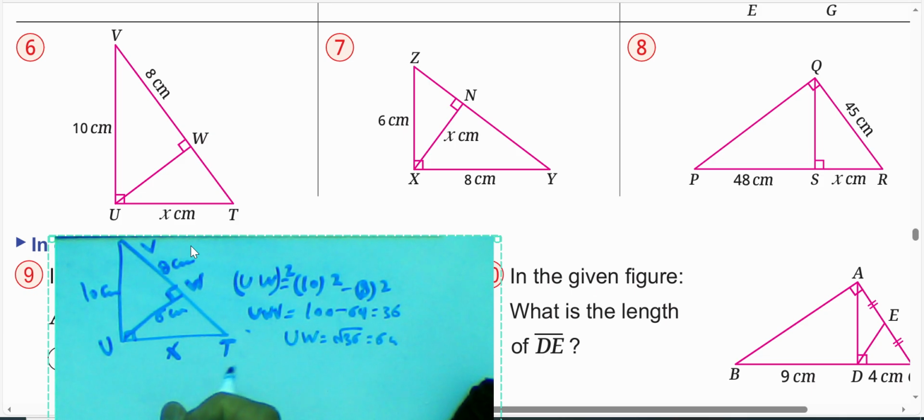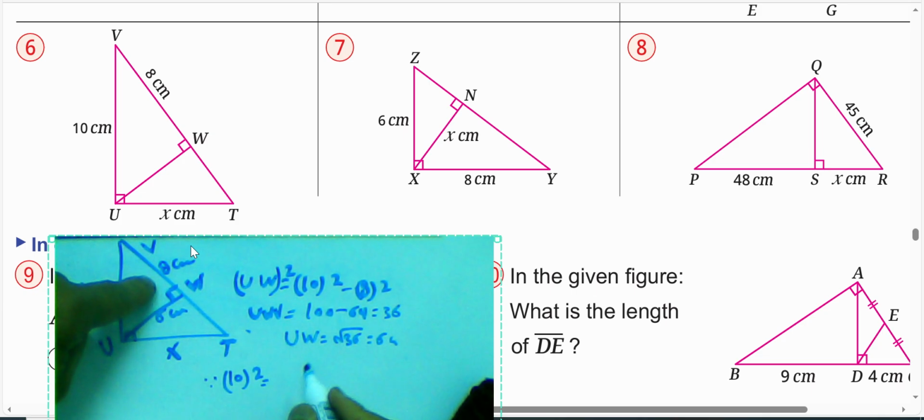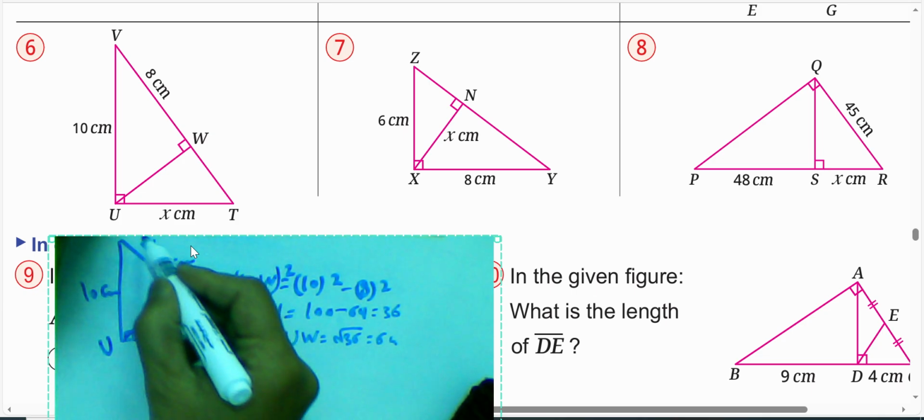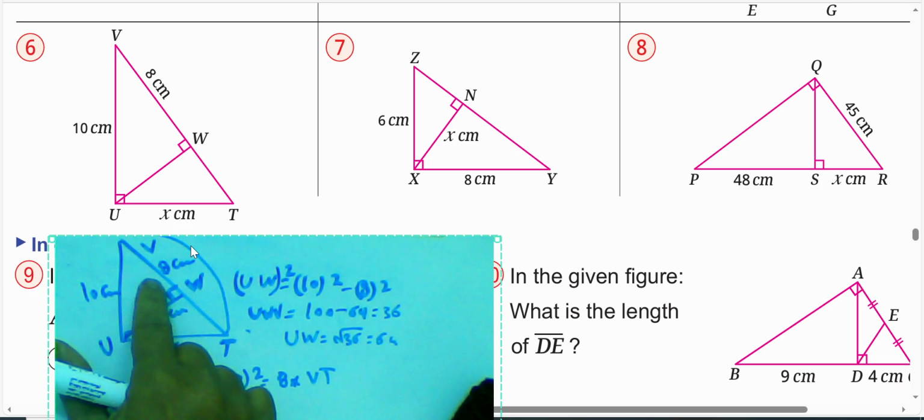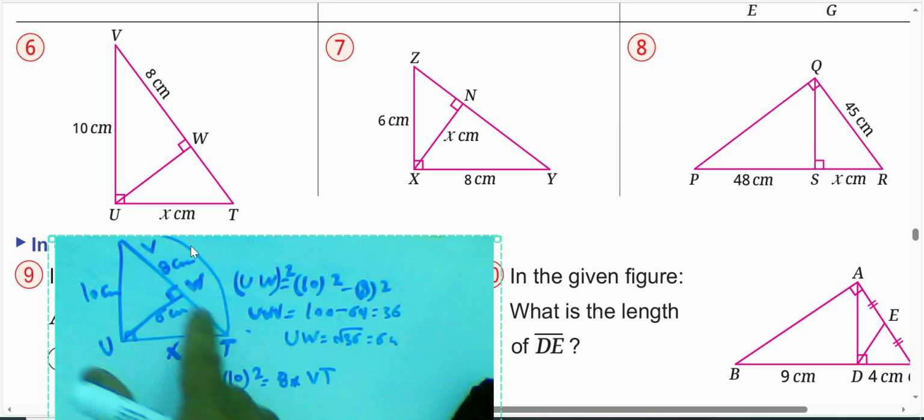How can we find x? By product 6 power 2. We can find the line segment here from Euclid's theorem: 10 power 2 equal 8 product by VT, the projection product by the hypotenuse. Then 100 equal 8 times VT.